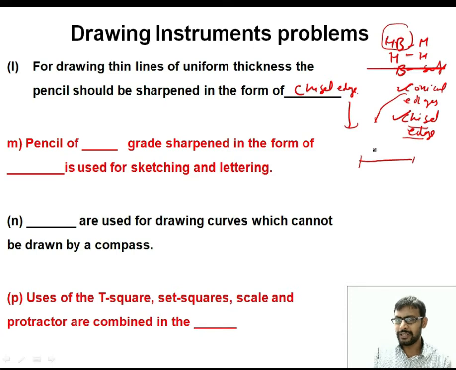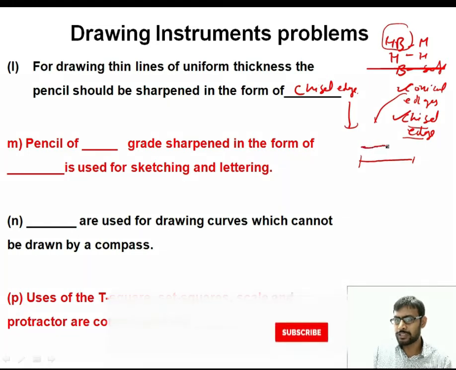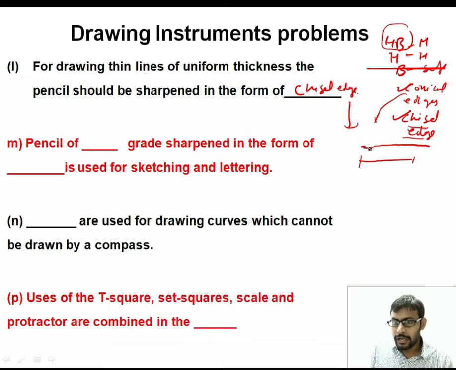Single stroke doesn't mean that, for example, when you start this line from here and we continuously draw this line, sometimes you can see here the line thickness is very less, and when we go beyond this, the line thickness will be increased continuously.